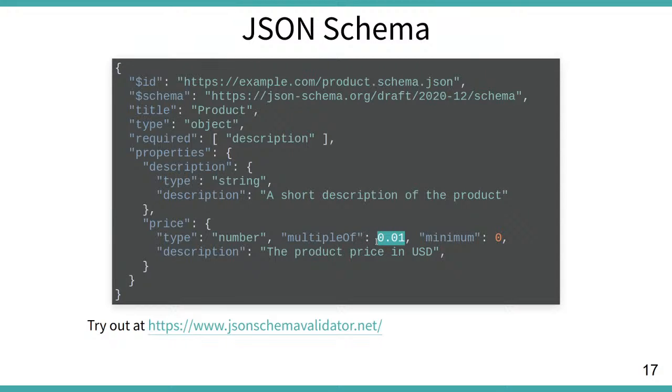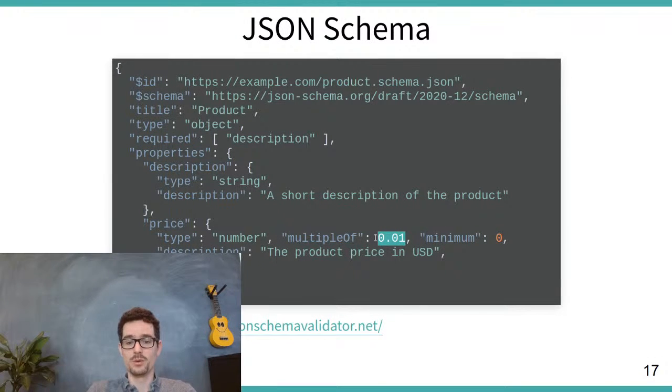So a price of 0.00005 or 1.12345 is not valid. It must be an integer multiple of 0.01. So this is basically the way to say that we have two fractional digits. So it's like a decimal with two fractional digits.